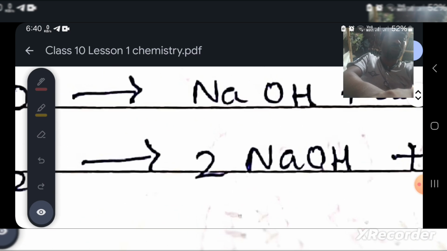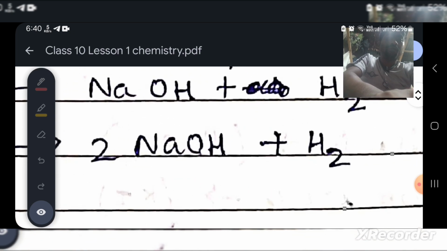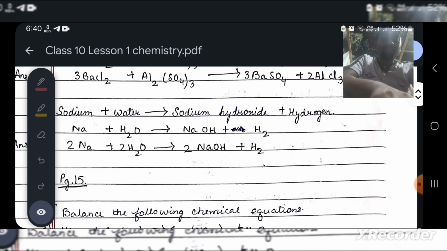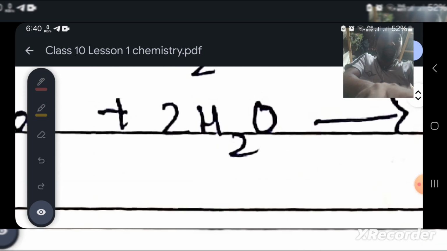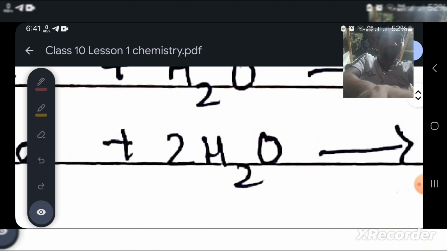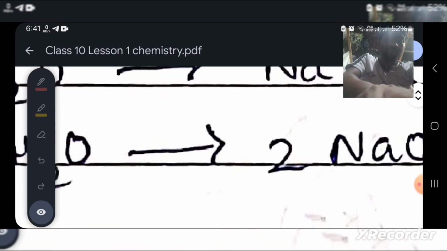We are putting 2 here. So how many it became? Here 2, here 2. 2 to 4 hydrogen has become. Achha. This one is looking little nice. So we have put 2 here to make this hydrogen 4. Hydrogen also 4.